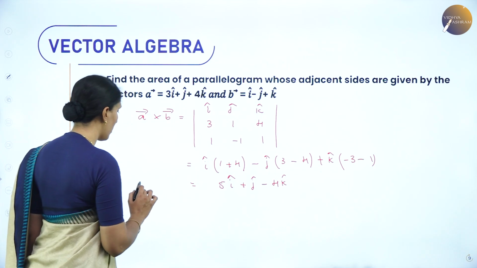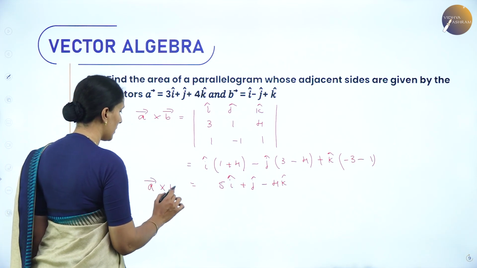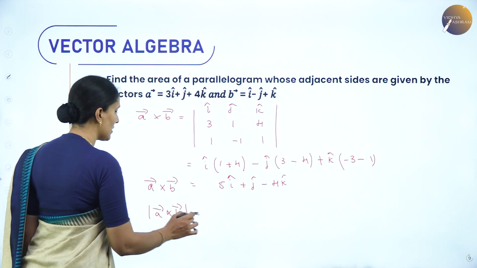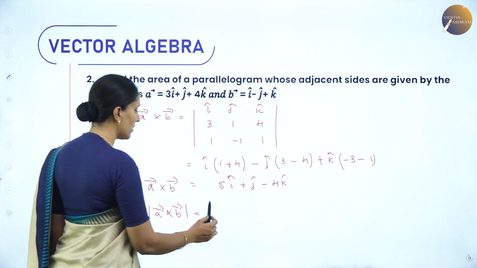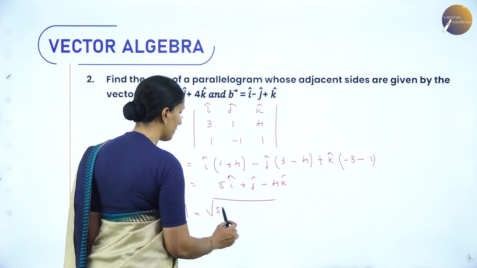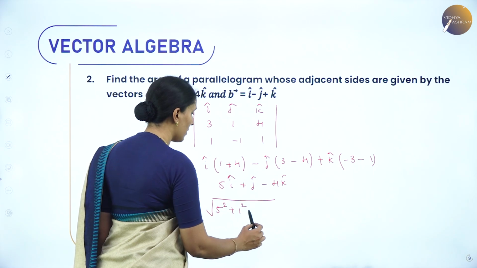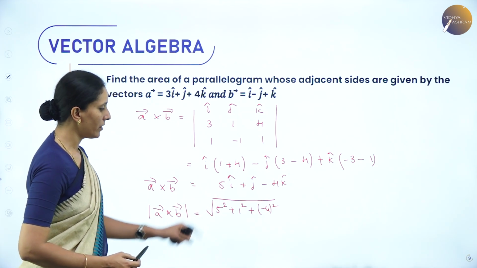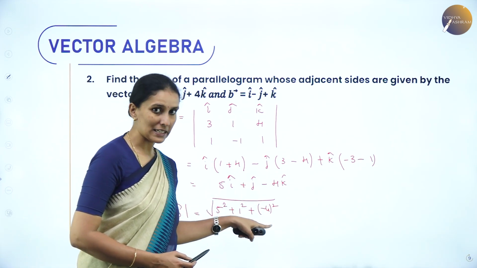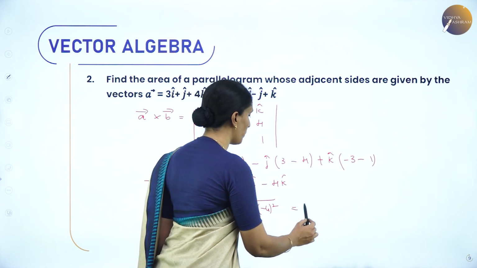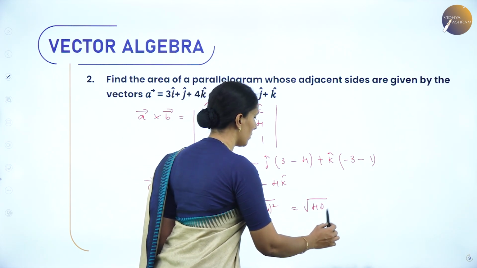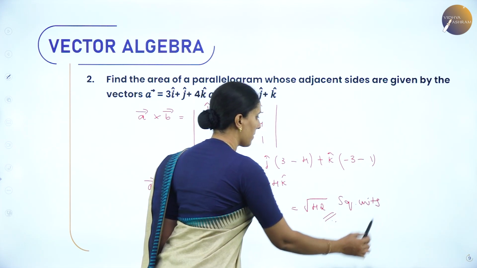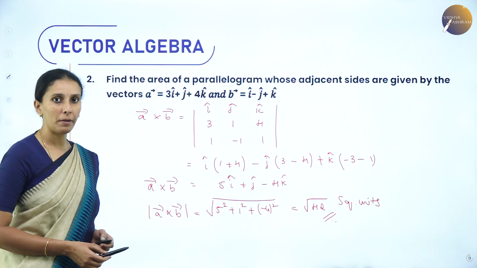So this is our cross product A cross B. Now let's take the magnitude of A cross B, which is the area of the parallelogram. So this can be written as square root of 5 square plus 1 square plus minus 4 whole square, which is 25 plus 1 is 26, 26 plus 16, so that is root 42. Since it is area, we write square units. So this is the required area of the parallelogram.